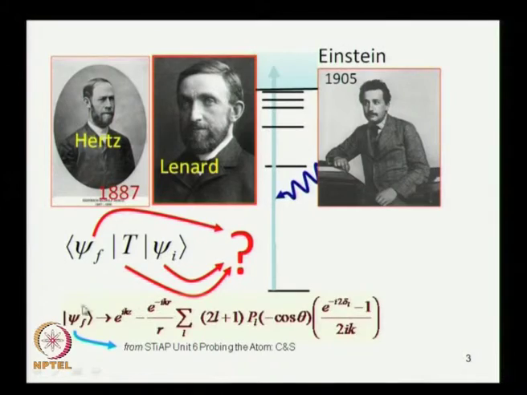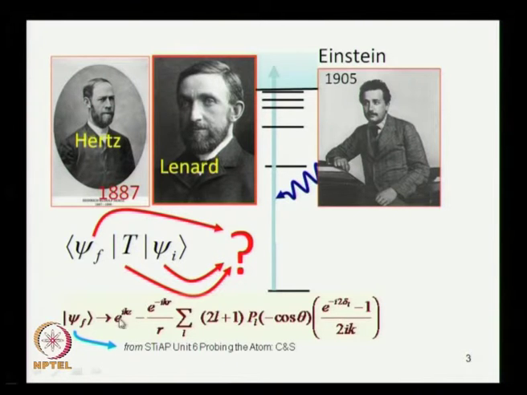Now, what we have learnt in the previous unit is that the final state wave function is a free particle solution as such, and it has to be described according to the ingoing wave boundary condition. So, at the non-relativistic level we know what a wave function looks like subjected to ingoing wave boundary condition, and that is the solution which I have written over here, and it is precisely this form which you must use in this matrix element, otherwise you will not get the right answers.